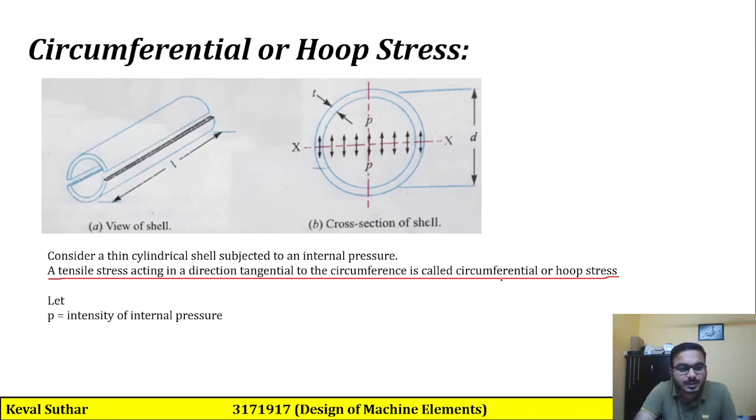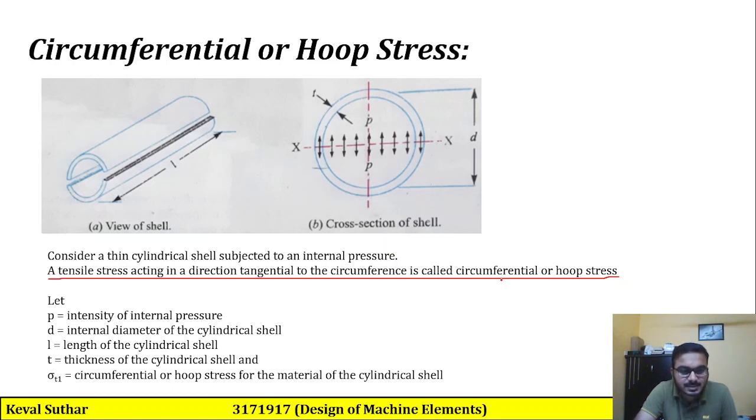Now P is the intensity of internal pressure, D is the internal diameter of the cylindrical shell, length L, T is the thickness, and sigma T1 is the circumferential or hoop stress for the material of the cylindrical shell.